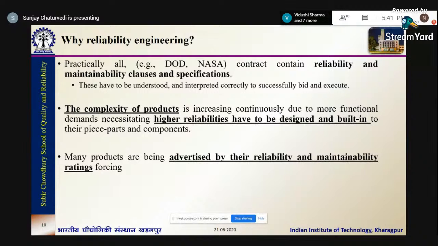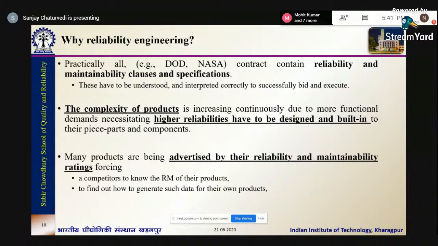Now, you will find many of the products are being advertised by their reliability and maintainability rating, forcing a competitor to know the RM of their product. Unless a competitor knows the terms and terminology of those reliability parameters, how can he compete? And he is going to find out how to generate such data for their own products.